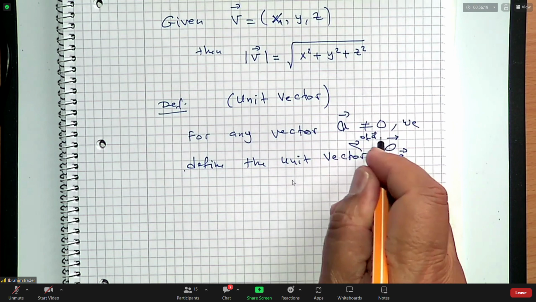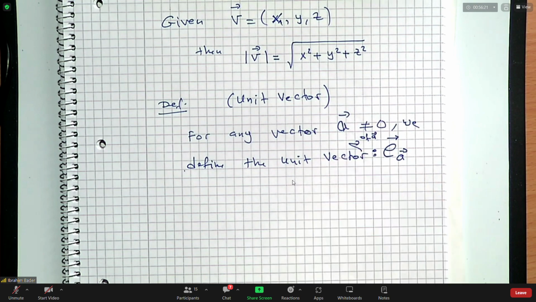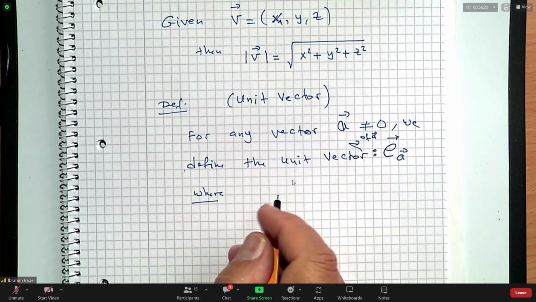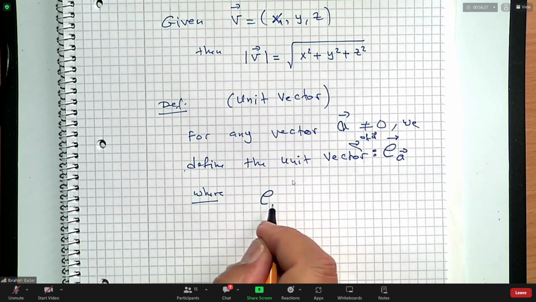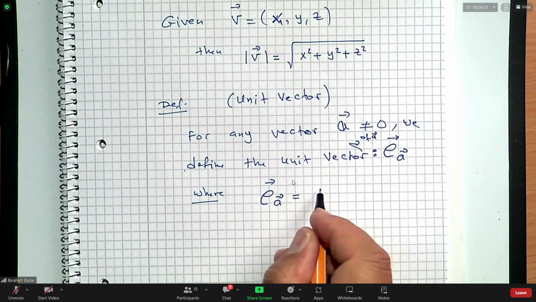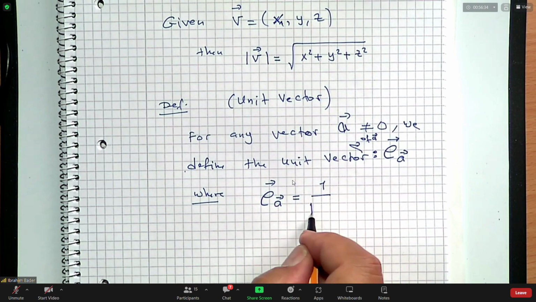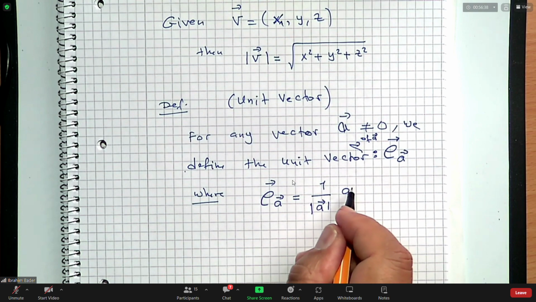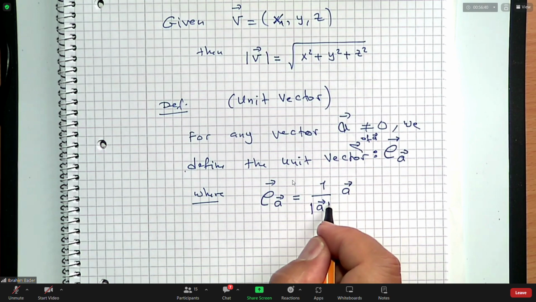Just if you like, as where this vector is, how we get it from a given vector. The unit vector of any vector is simply we divide by the magnitude of the vector, that is, multiply the vector by the reciprocal of its magnitude.